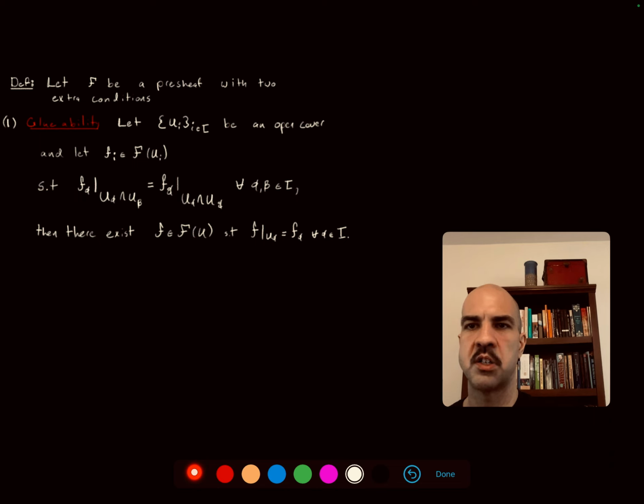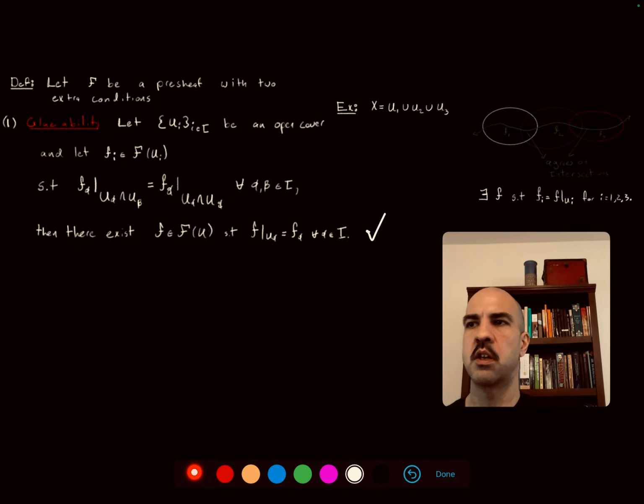And we do this such that on the intersections of this open cover, these sections restricted to those intersections are equal. Well, then what the gluability condition tells us is that there exists some f in the total space such that this function f restricted to each of the open sets equals the function f sub i that is restricted on the intersections.